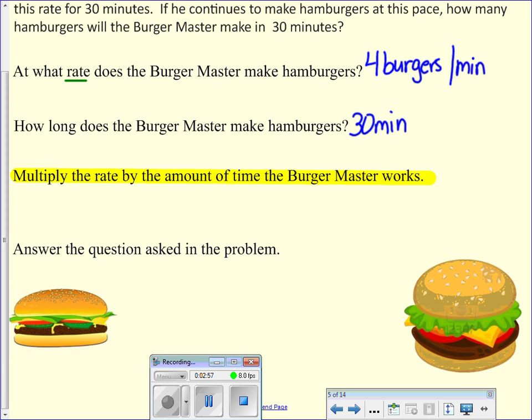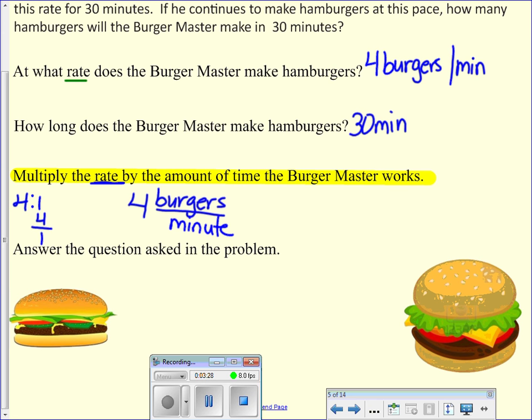Okay, so what 2 things are we going to multiply? First, we're going to multiply the rate. So the rate was 4 burgers per minute. Now, just stay with me for a minute. Put your pencils down. I want to talk this out with you. So we have 4 burgers per minute. So we're looking at a ratio of 4 to 1. Can we also write that ratio as 4 to 1 as a fraction?